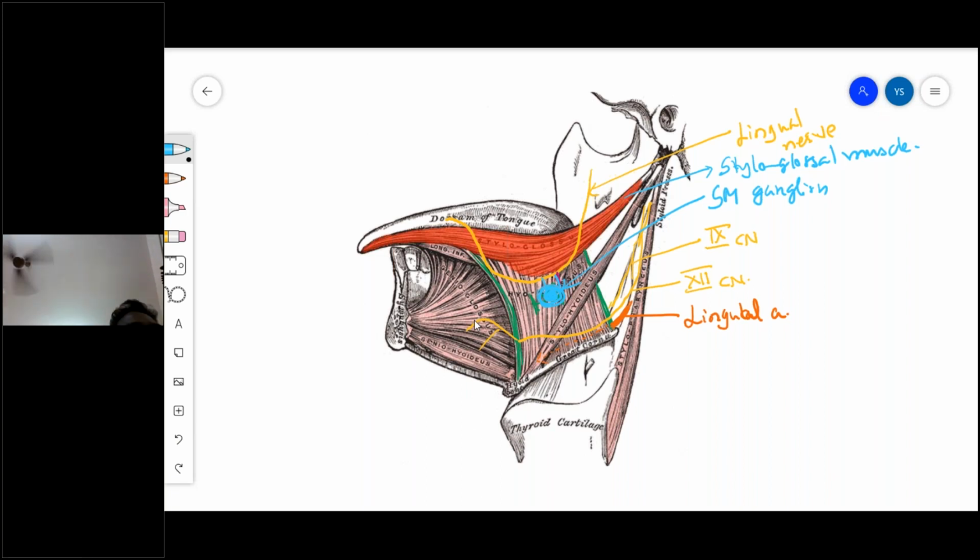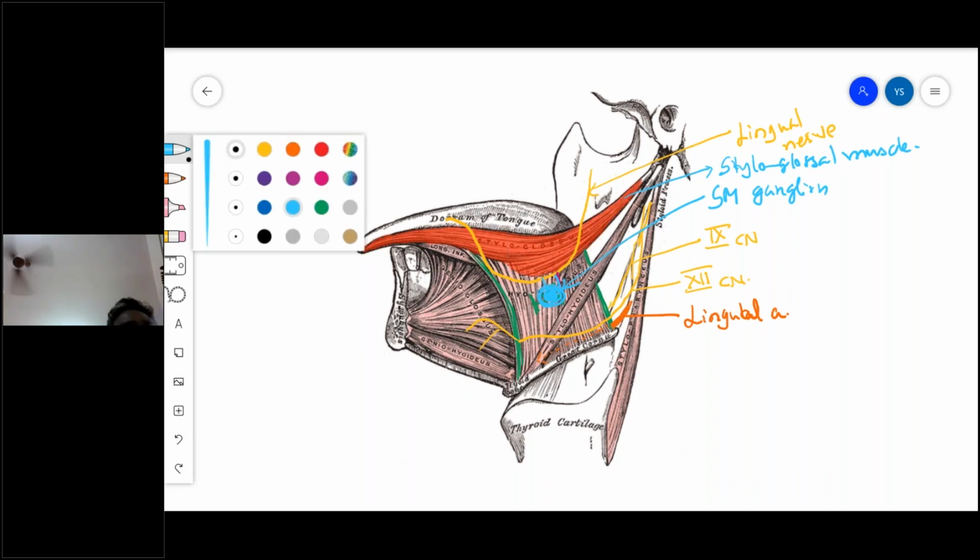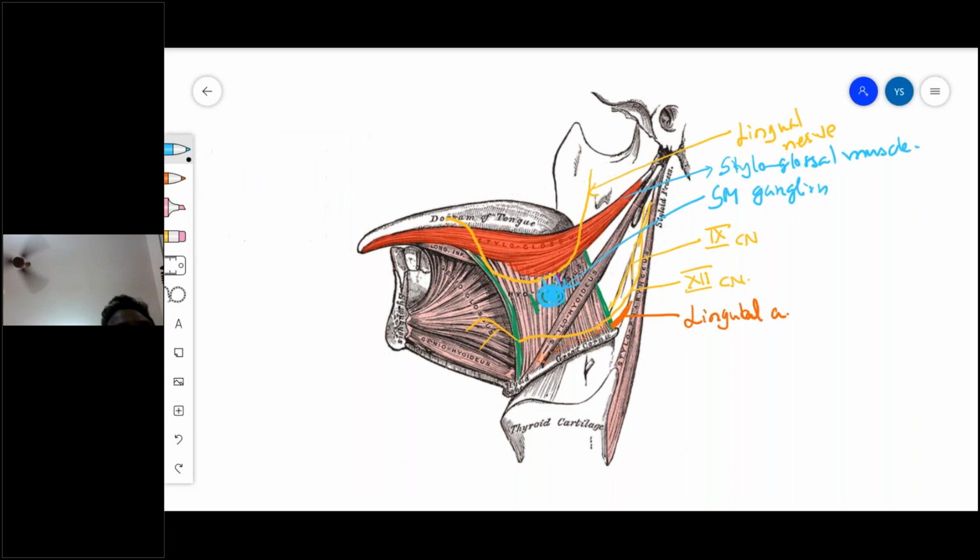Now I try to draw the outline of the submandibular gland, the medial surface of the superficial part of the submandibular gland. With a circle and a dotted line, I am drawing the superficial part of the submandibular gland. Can you see that round? Yes, sir.